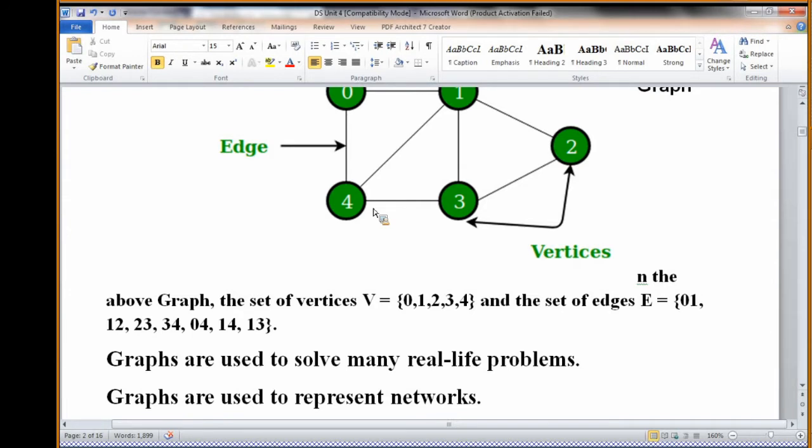Just see, when you are showing the connection, you are showing it from lower number to higher number. So there are 1, 2, 3, 4, 5, 6, 7 connections. So the graph has 5 vertices, 5 nodes and 7 edges.